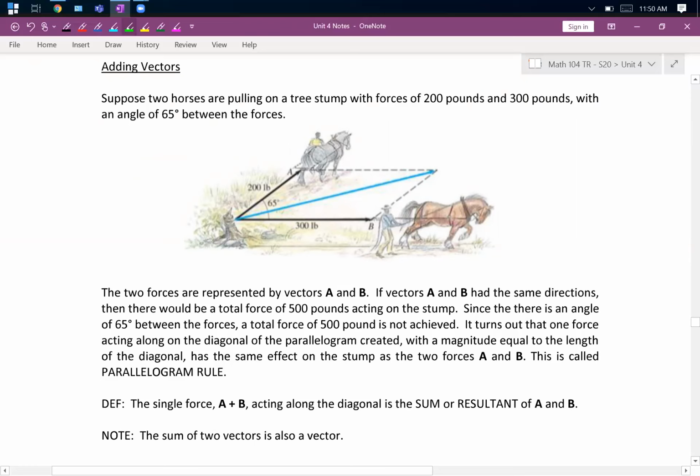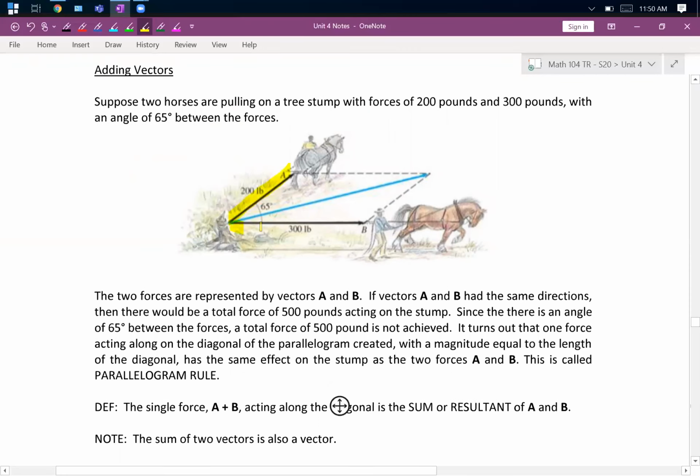So we started with just these two vectors A and B. If we want to figure out what the force is when you add those two together, we're going to create a parallelogram. Recall that a parallelogram is a quadrilateral with two pairs of equal parallel sides. So it's just like a rectangle that's kind of been pushed over.